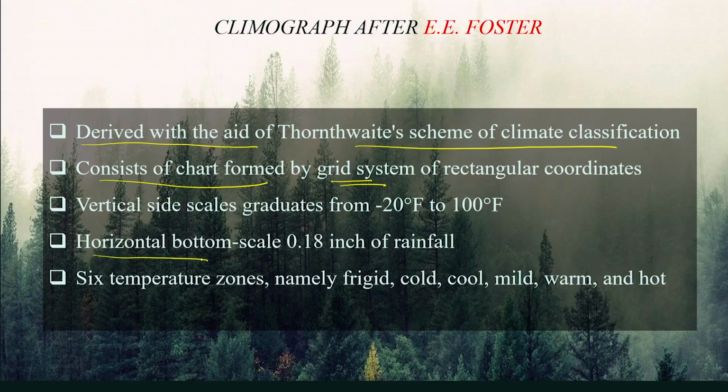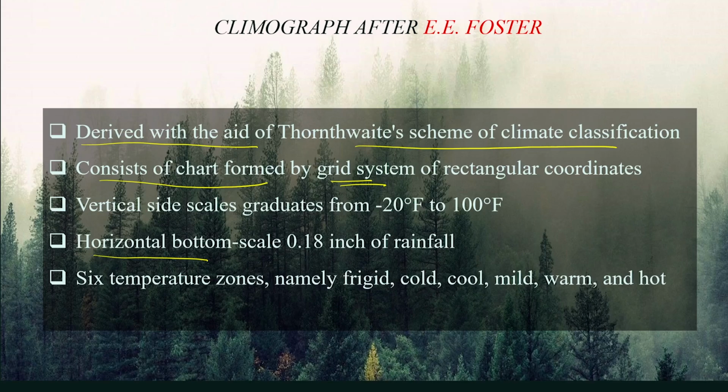They try to show us a possible way to represent different climate data or climate variables in one single graph, so that it will be very useful for us to know about the current or the past climate conditions prevailing in a particular region. Next, his graph has a horizontal bottom scale.